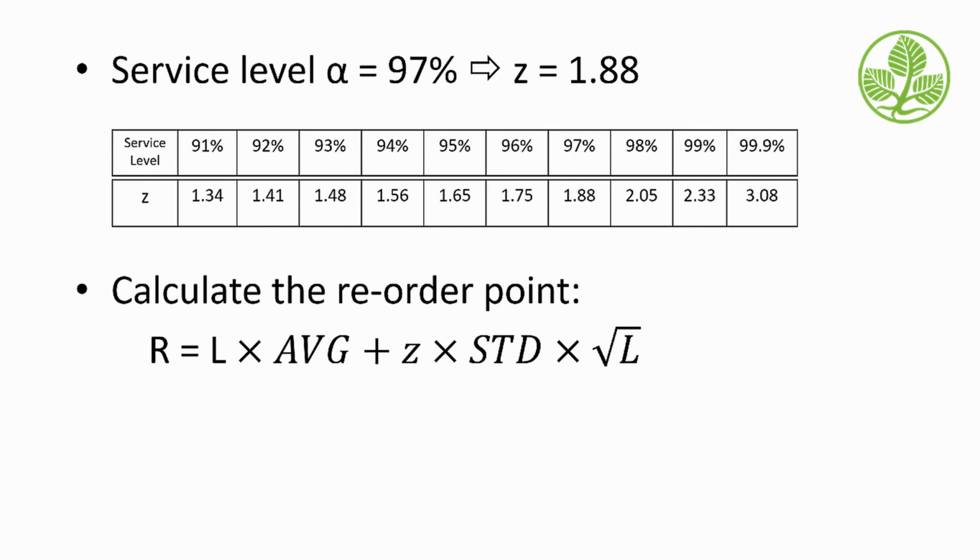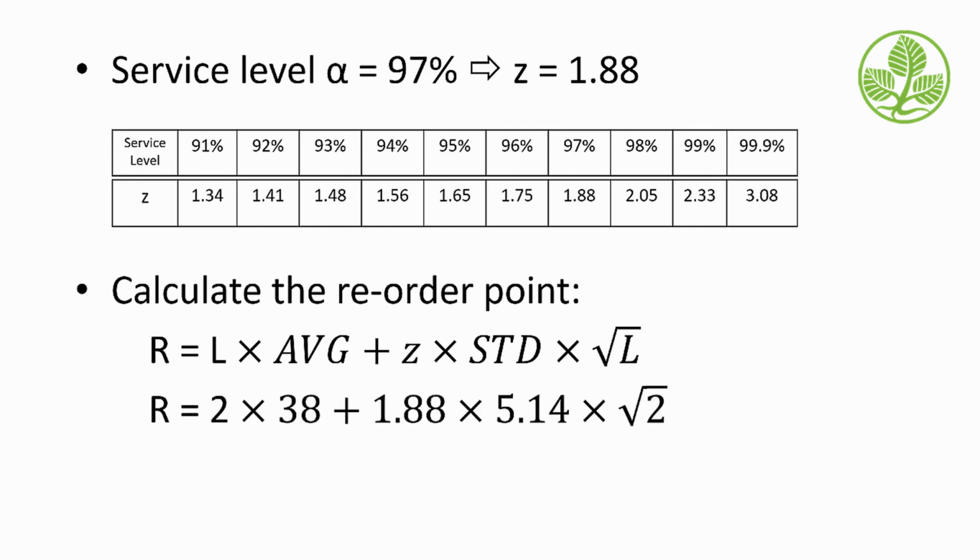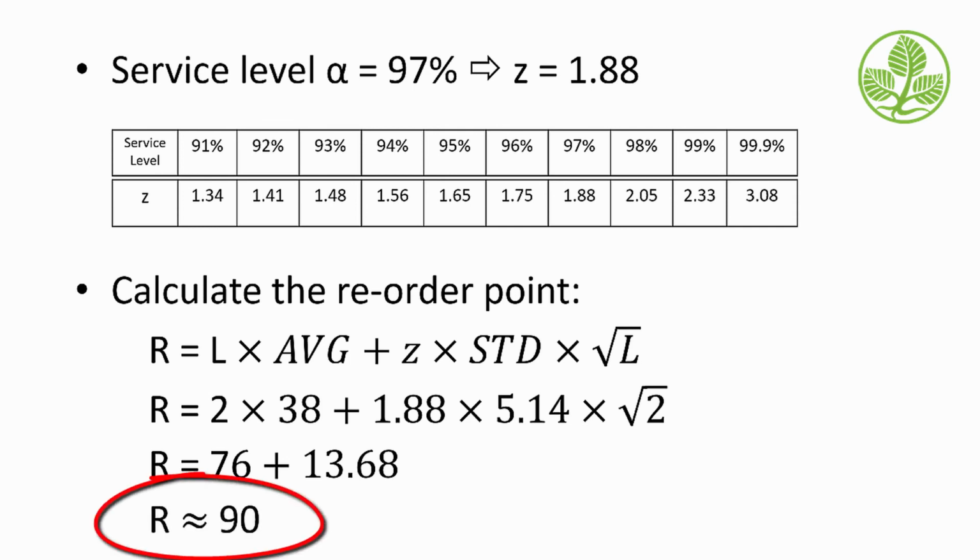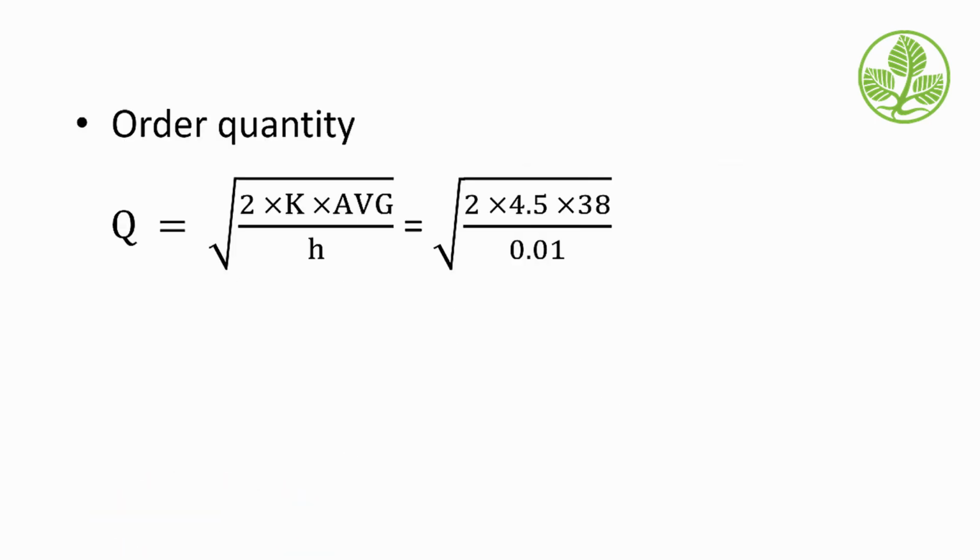The average inventory during lead time is 76 bottles. The safety stock should be 13.68 or, if you round it up, 14 bottles. That leads to the reorder level of 90 bottles. Thus, when the inventory level drops to 90, Paul should reorder bottles from the wholesaler.